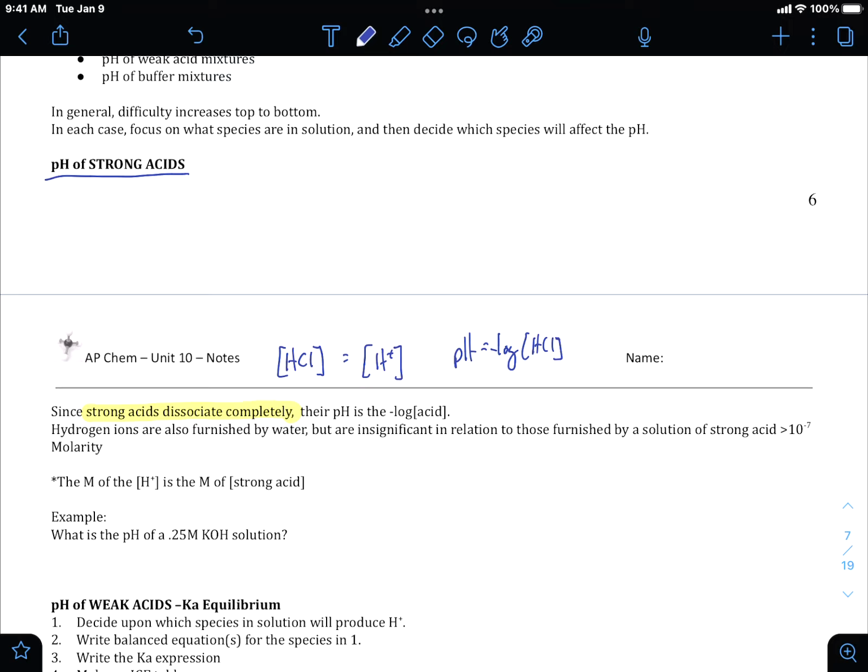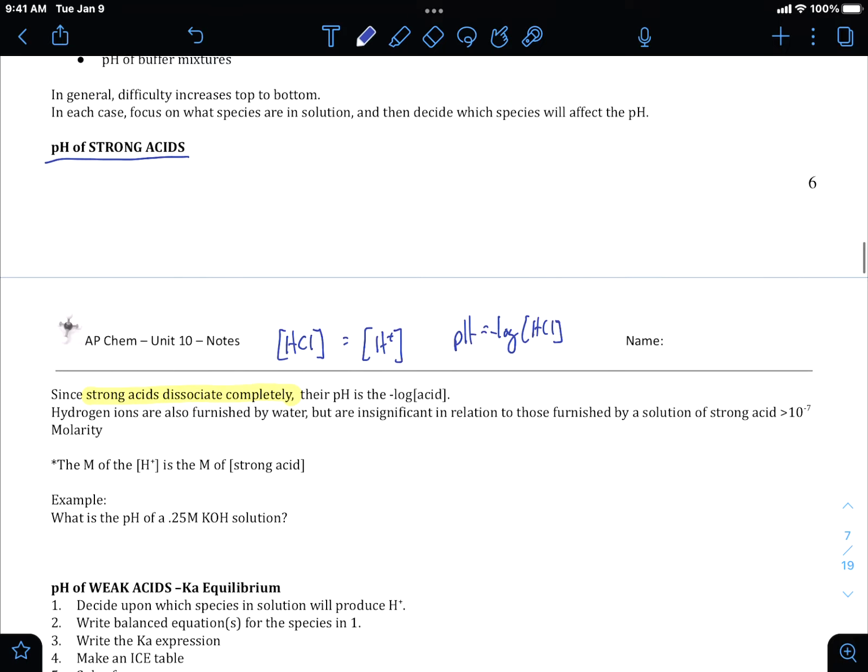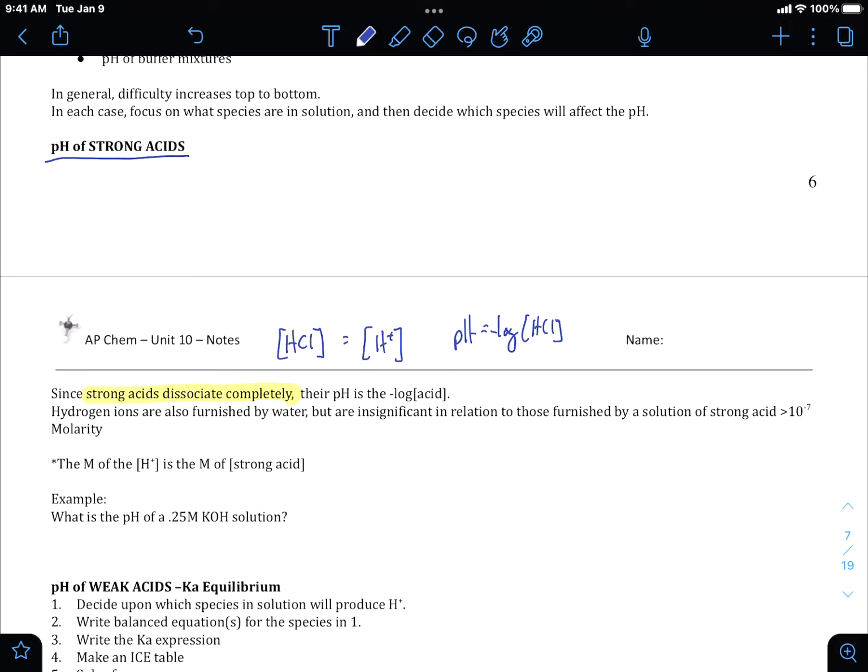Same goes for strong bases. So HCl, HBr, HI, HNO3, HClO3, and then the sodium hydroxides, lithium hydroxides, potassium hydroxides. Although you have to be careful with diprotic acids, like this is not true for sulfuric acid.